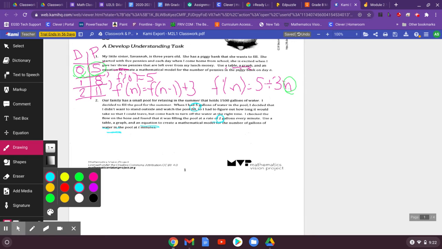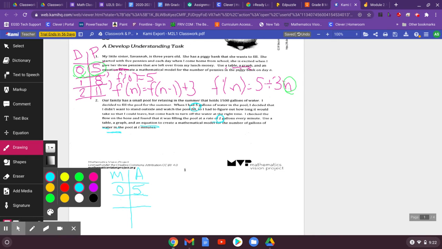So I'm filling up the pool, so the pool is going to get more. It's going to fill up. So let's make my table. I'm going to make that a little bit lower down here. So my minutes and my amount of water. So at 0 minutes, I'm starting with 5 gallons of water.